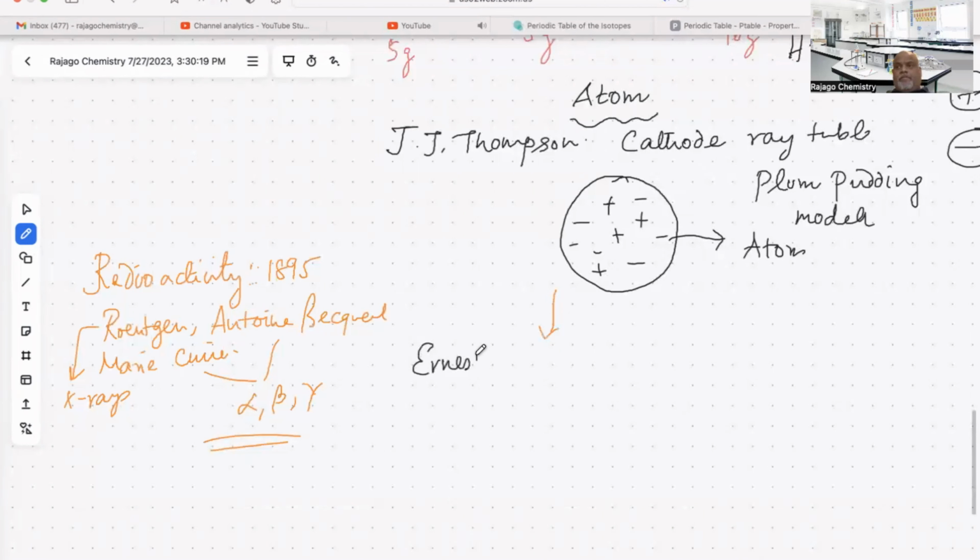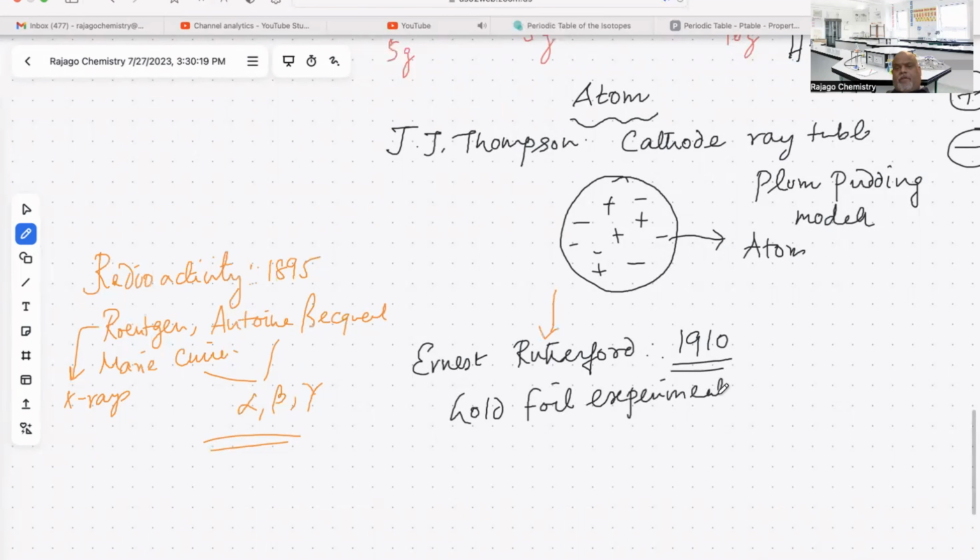Further, Ernest Rutherford, almost 1910, did the famous gold foil experiment. You have to watch this on YouTube or something. I will try to add a link here. In the gold foil experiment, he said the protons are placed in a dense nucleus.